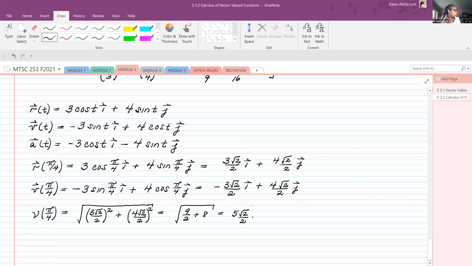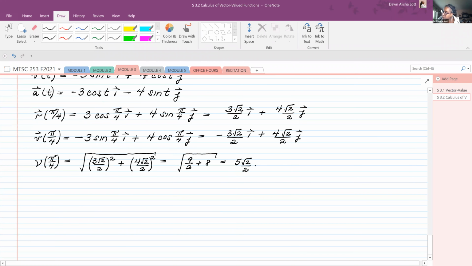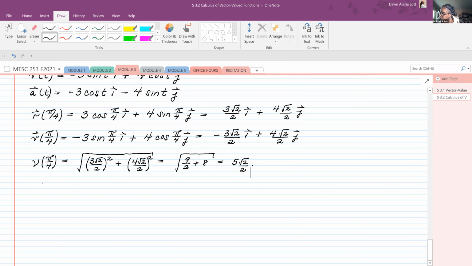Okay, so that's nu. And then a of pi over 4 is going to be negative 3 root 2 over 2 i minus 4 root 2 over 2 j.